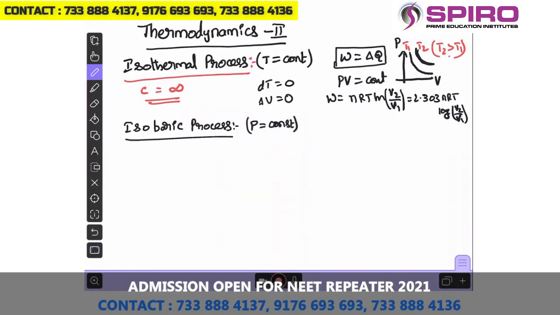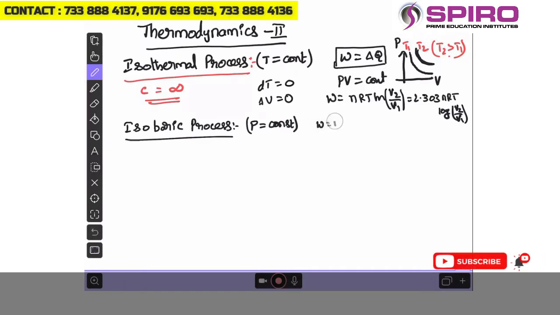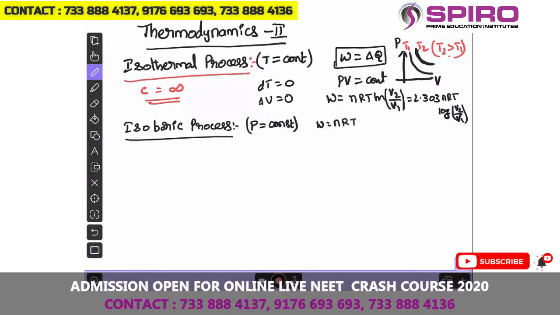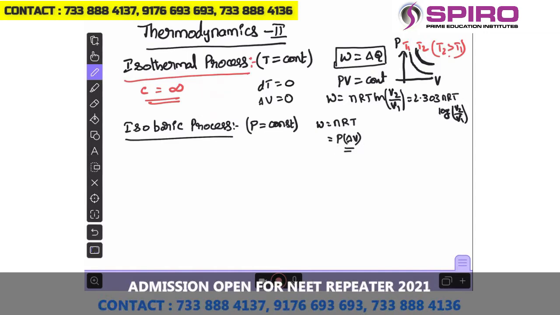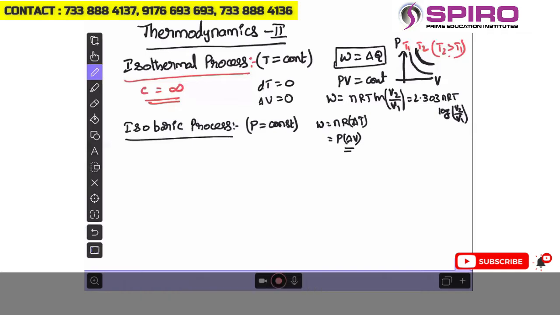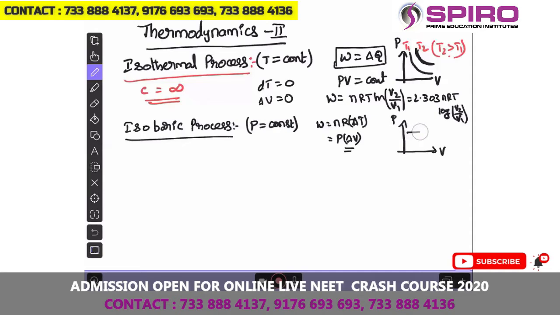The work done is equal to nRT, and it can also be written as P into delta V, because pressure is constant here, that is nR delta T. The indicator diagram: if you draw the pressure versus volume graph, pressure will be constant.